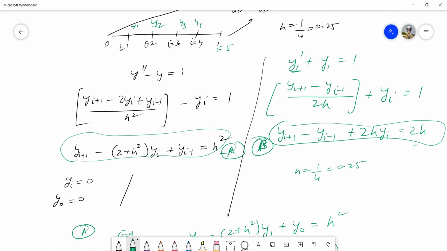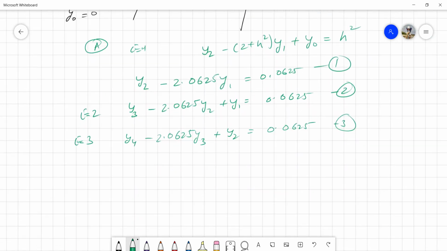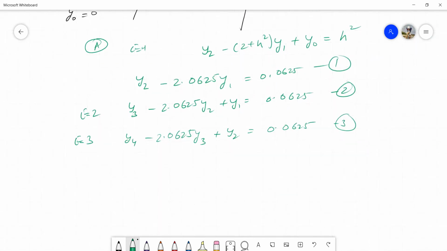So these are this thing, and this is basically y5, and this is y0. Y0 is given and y5 is given. So there are 4 unknowns, so there are 4 equations we have already derived. 3 equations we derived. For the fourth equation, put i equal to 4.